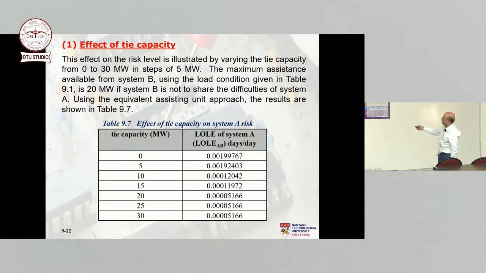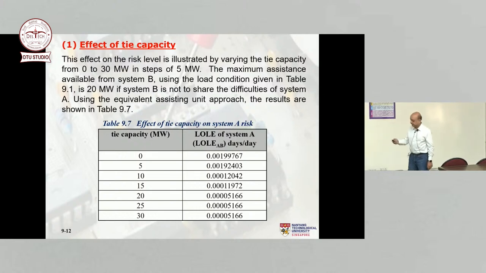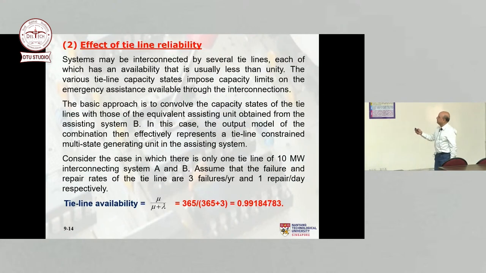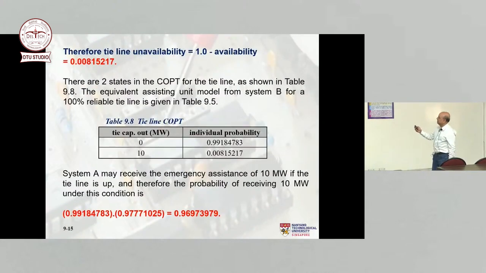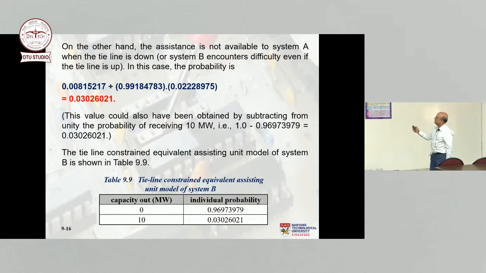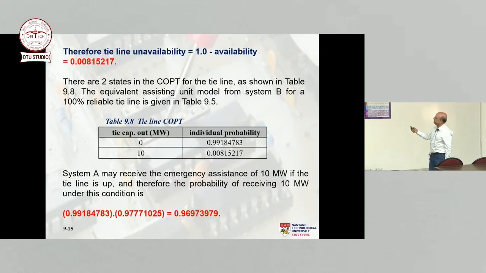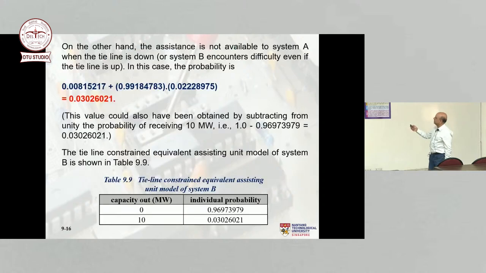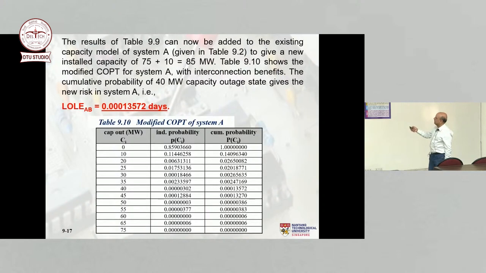No, 10 megawatts, so more than 15. 0.000011972. So you can see that the benefit has changed now when the tie line is not fully reliable. Okay, we have done this. So this is the new LOLE. Okay. Correct?